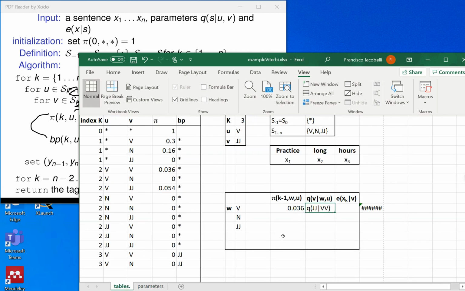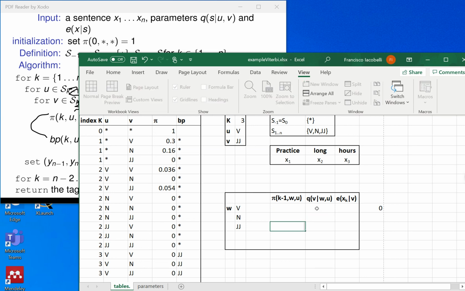I don't see it, so that's 0. So that value is 0. Now if W is N, we have pi of 2 NV. Pi of 2 NV, we've seen it many times, is now 0. And the same thing with pi of 2 JJV is also 0. So again, we have that pi of 3VJJ is also 0. And the tag that generated that, you can randomly pick is JJ, for example.